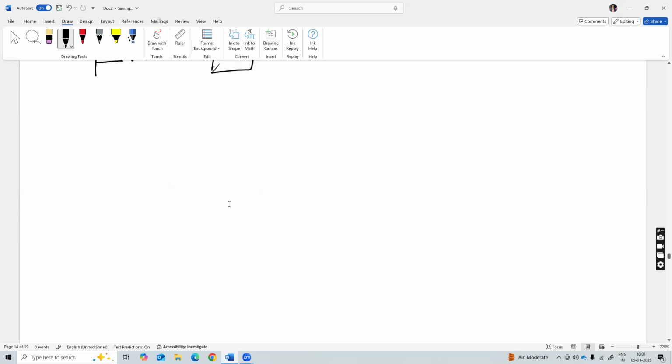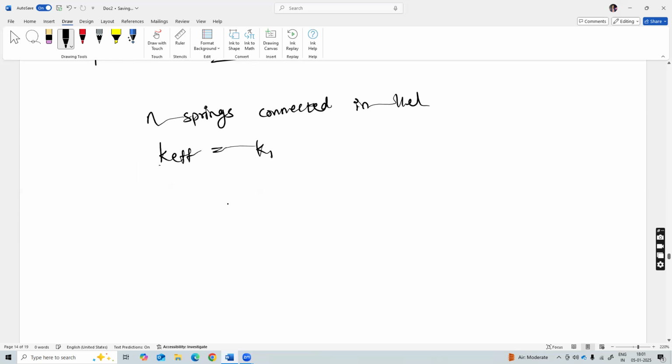In a similar manner, if you have n springs connected in parallel, K effective will be K1 plus K2 plus K3, K4, K5, similarly up to K of the nth spring. Okay.